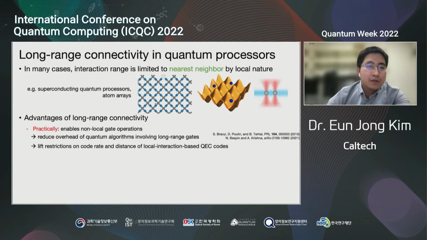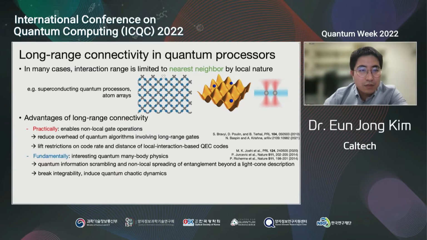it is known that long-range gates not only reduce the overhead of certain quantum algorithms involving non-local operations, but also relax the restrictions on important metrics of quantum error correcting codes. On the fundamental side, long-range connectivity enables the study of interesting quantum many-body physics, such as information scrambling and non-local spreading of entanglement beyond a light cone description.